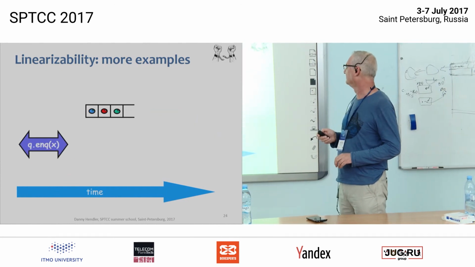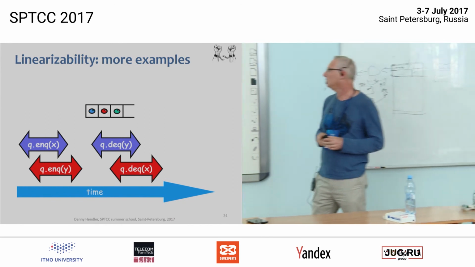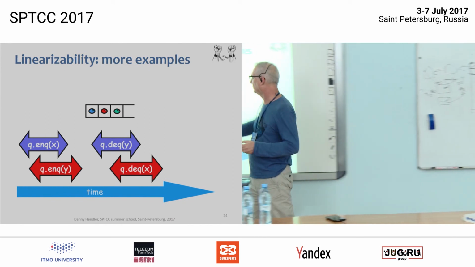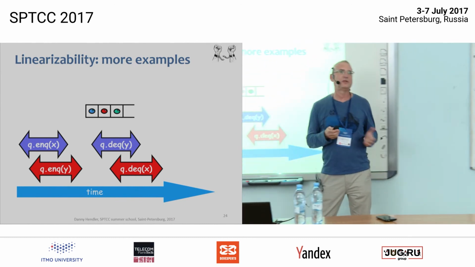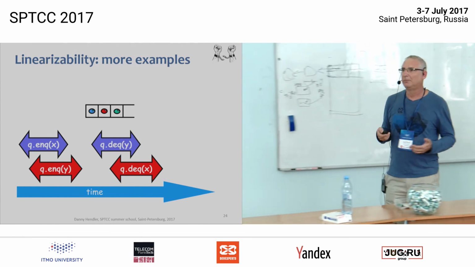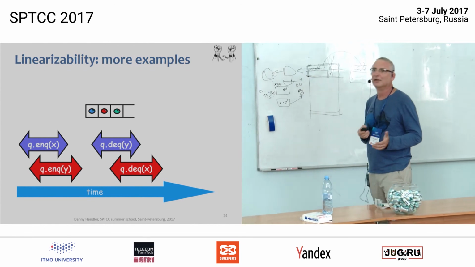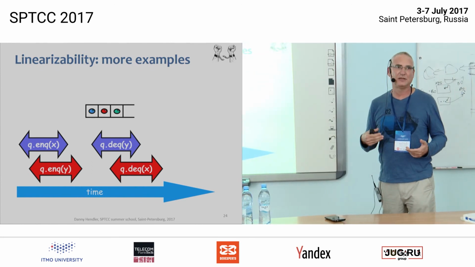And finally, let's see another execution where we have two NQ operations that are concurrent, followed by two DQ operations that are concurrent as well. What we should pay attention to in this example is that we are allowed to have more than one linearization order.